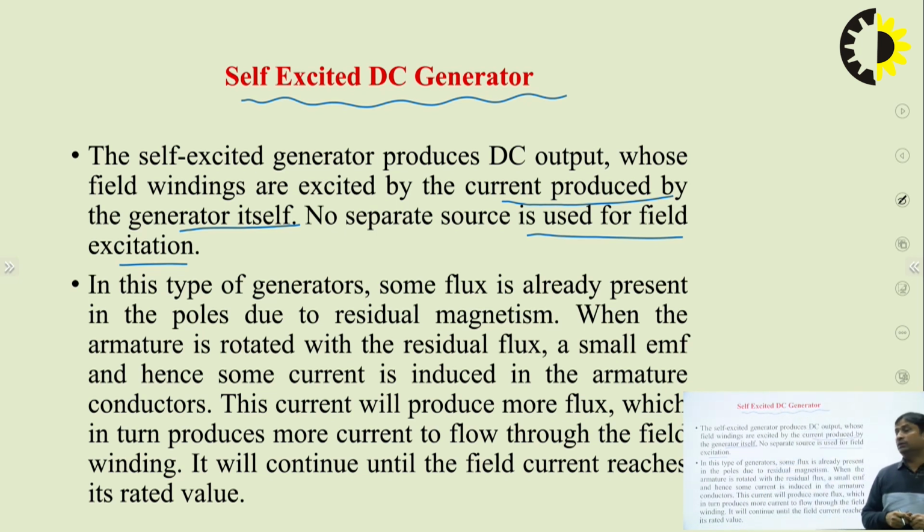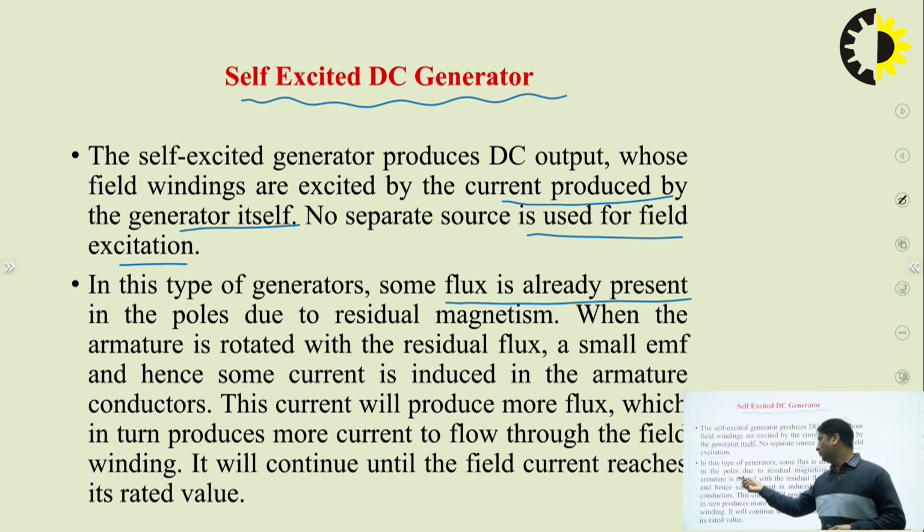Now, in this particular type, it is very important that some flux is already present in the poles due to residual magnetism. So the basic requirement of these types is that your poles have some residual magnetism.